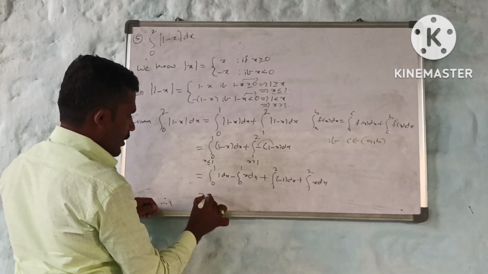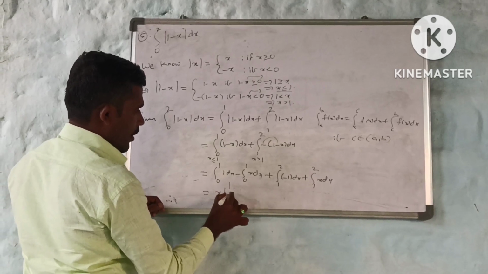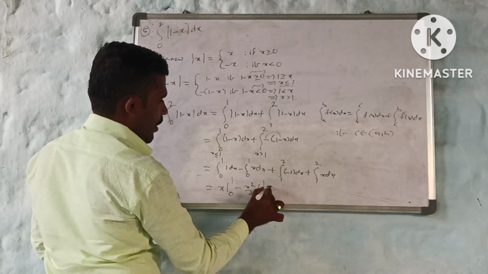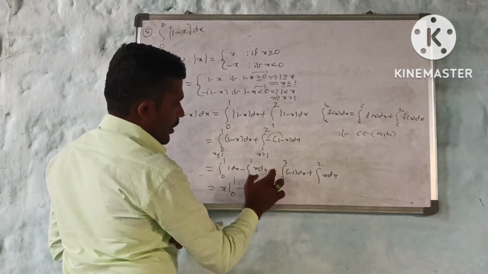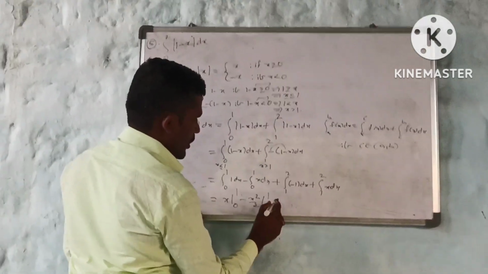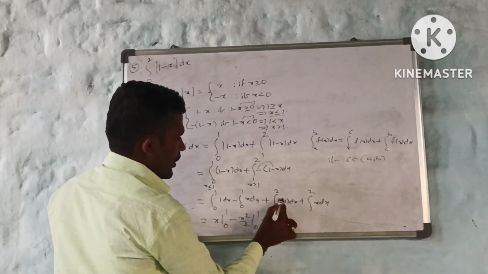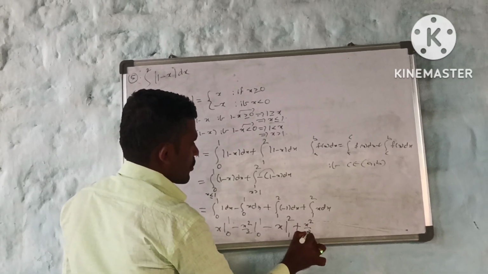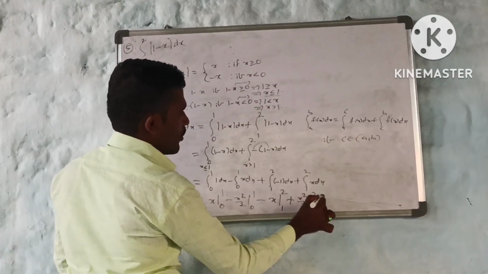Now the integral of 1 is x with limits 0 to 1, minus the integral of x, which is x square by 2, limits 0 to 1. Then minus the integral of 1, which is x, limits 1 to 2, and plus the integral of x, which is x square by 2, limits 1 to 2.